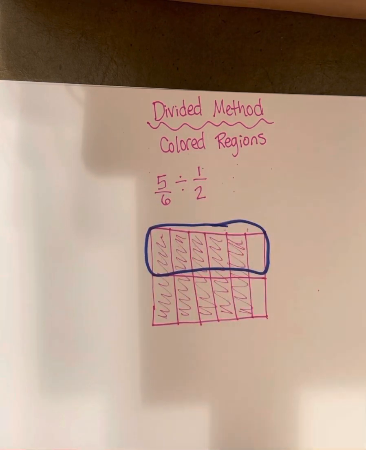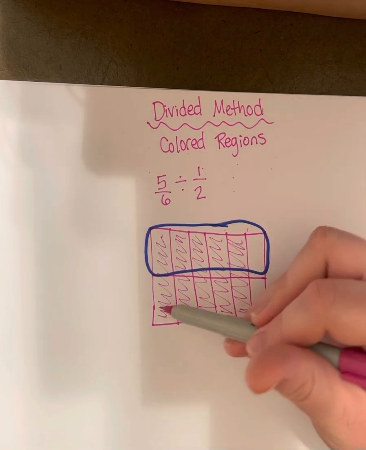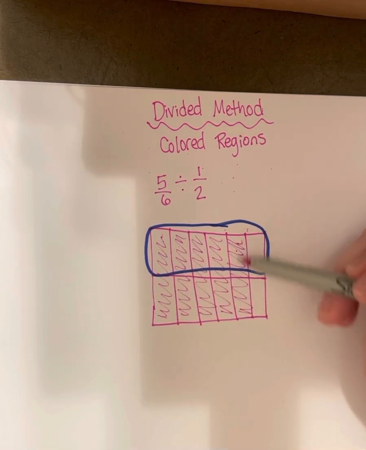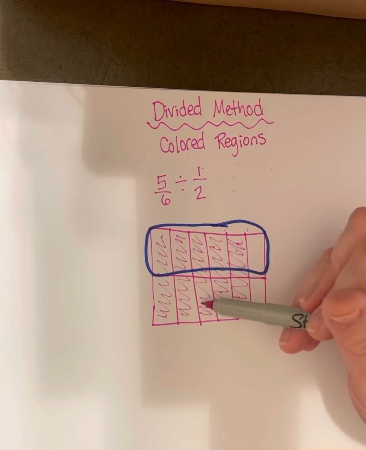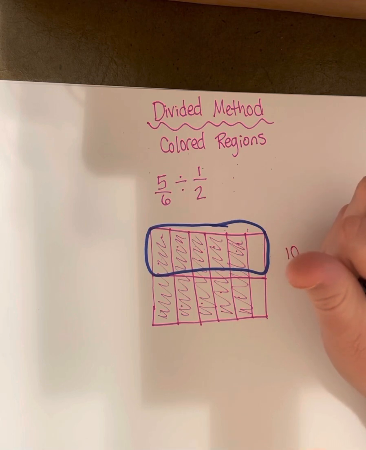So this tells us that for our answer, we're going to count all the shaded first. 1, 2, 3, 4, 5, 6, 7, 8, 9, 10. That's our numerator.